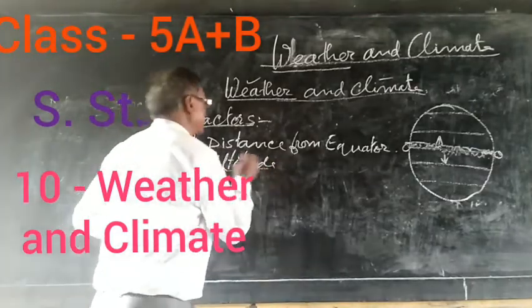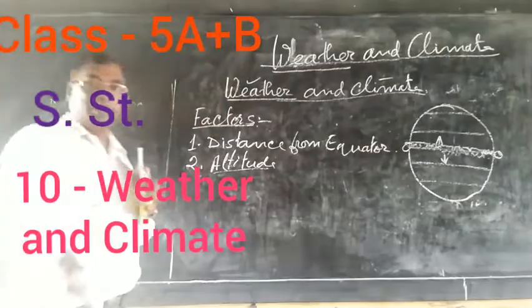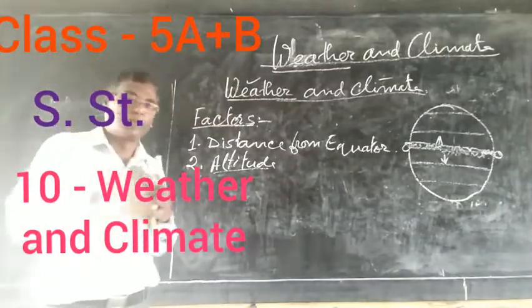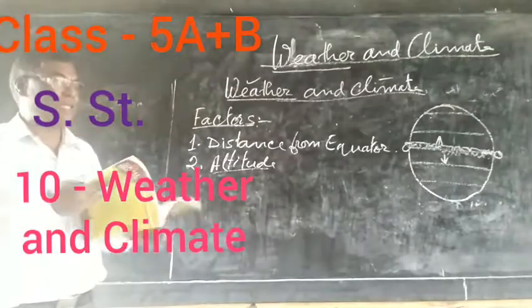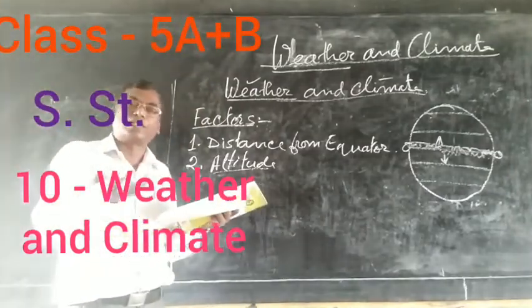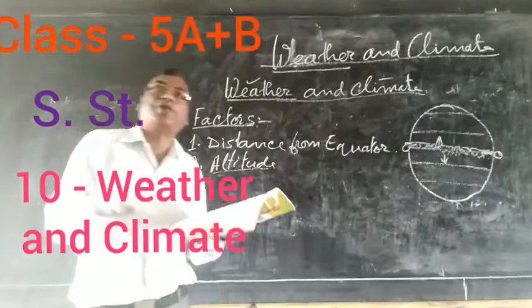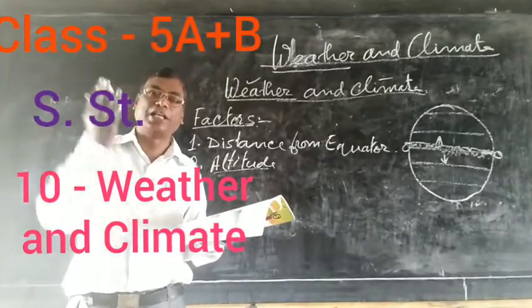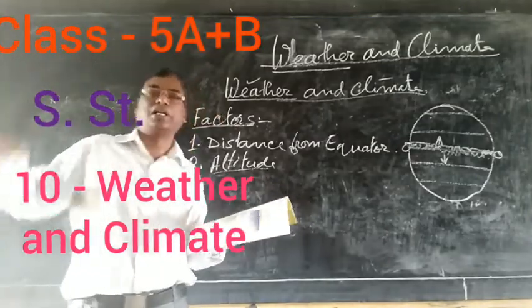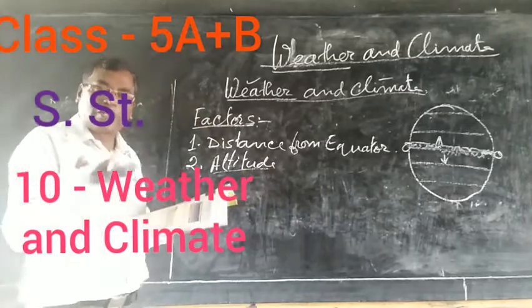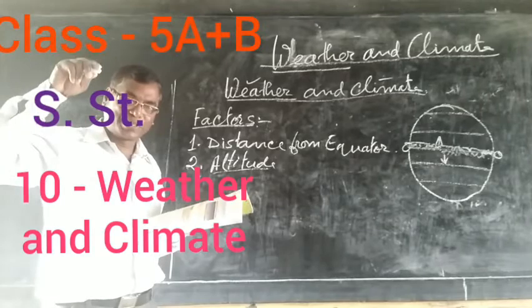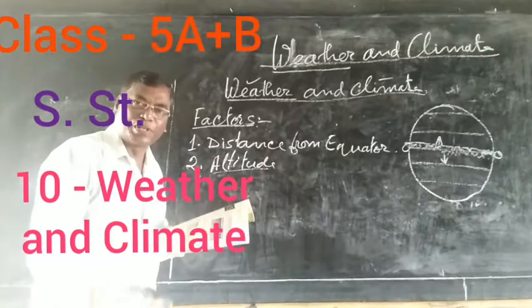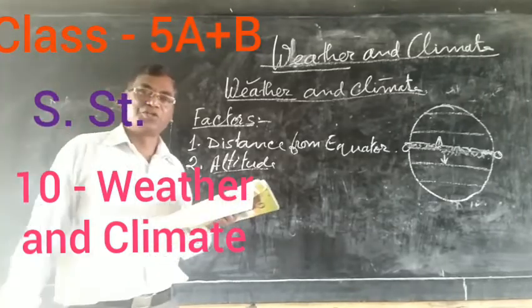Here altitude means height, any raised ground above sea level. Places which are above the sea level come under altitude. Because the higher the altitude, the lower the temperature.